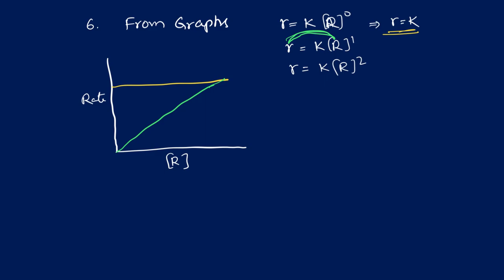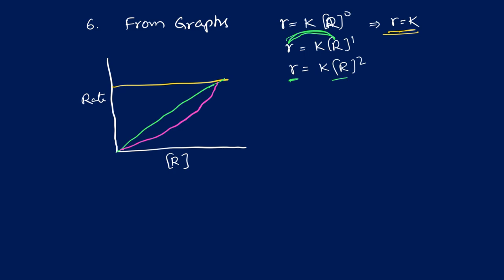Now, second order is rate and reactant concentration squared is there. So, this is a parabola type equation. Rate is directly proportional to the square of reactant concentration, like this. So, from the graph also we can determine the order.